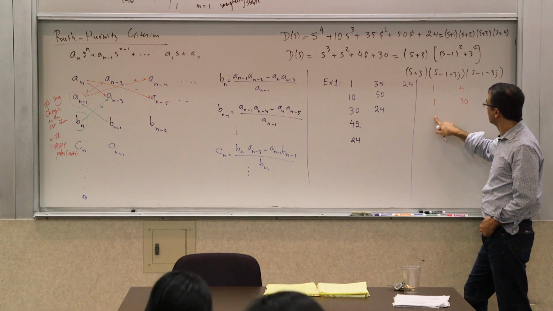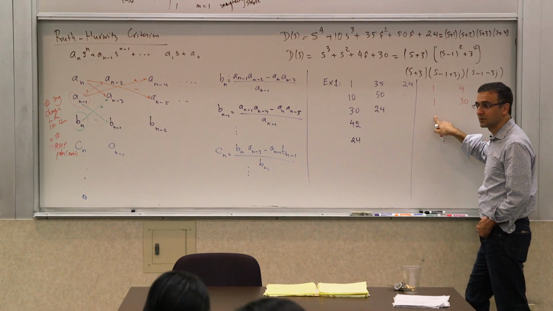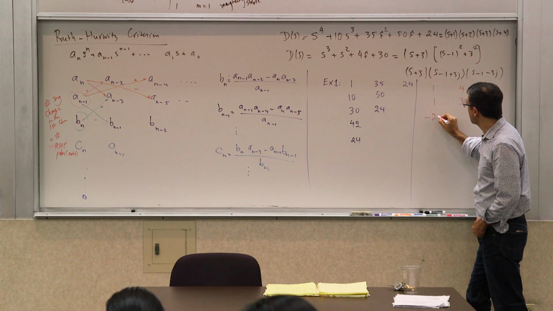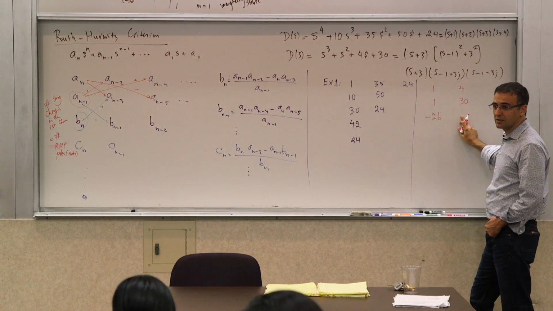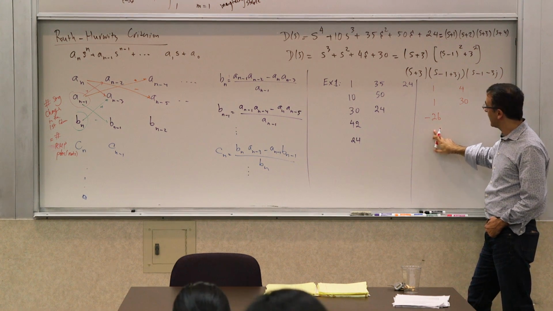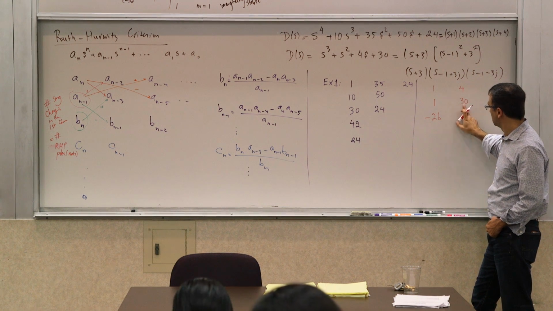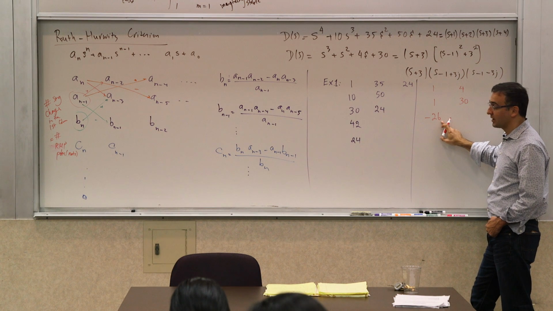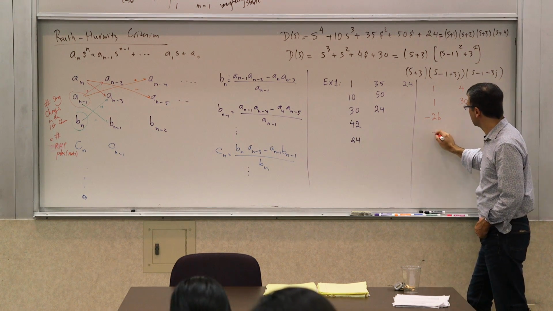4 minus 30 over 1, so that's negative 26. And what is this one? It's 0 because these are both 0. So you go to the next one. What is that? Negative 26 times 30 minus 0, divided by negative 26, is 30.